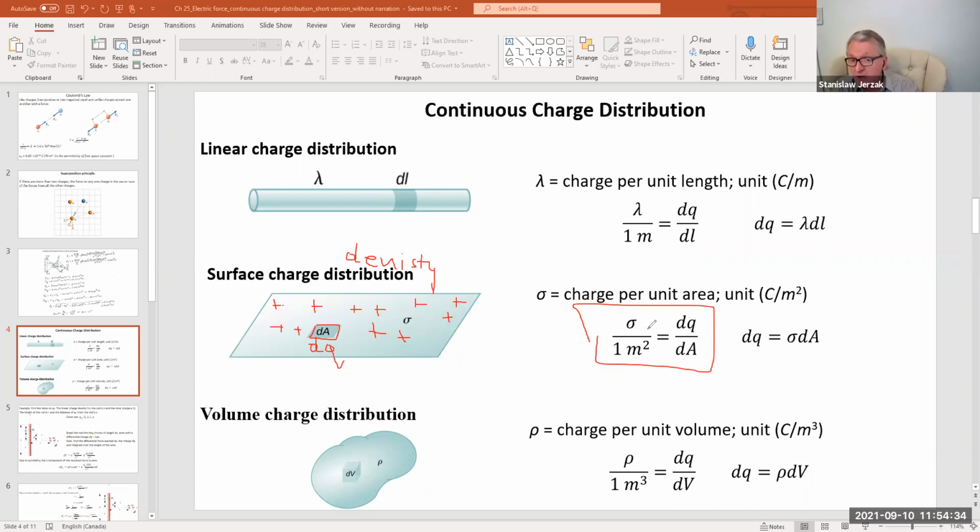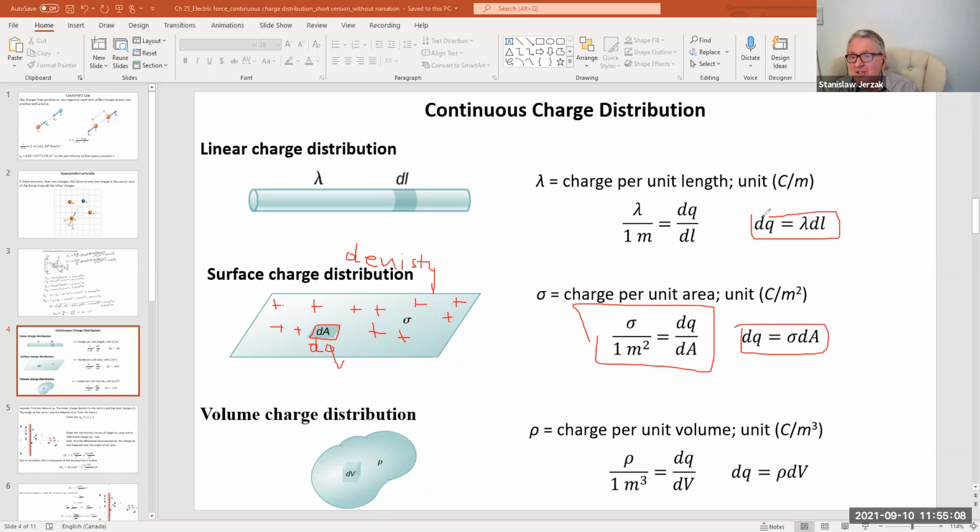So the amount of charge sigma on 1 meter square must be in the same proportion as dq to the area dA. From that proportion, you can write dq as sigma times dA. Because sigma has units of coulomb per meter square and dA is an area in meter square, dq will be in coulombs.